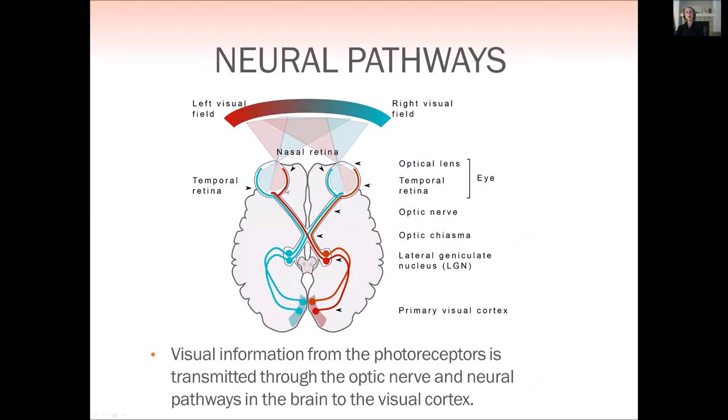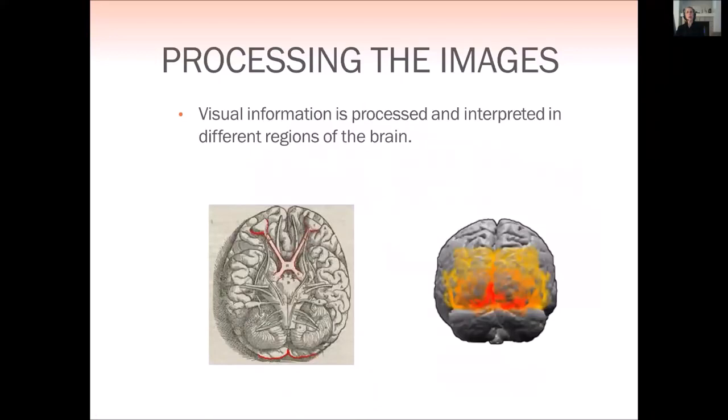And notice that we have some nerve pathways that go through the brain, as well as up here we have the optic nerve. Another very important aspect of our vision is the fact that the brain processes and interprets the visual information.